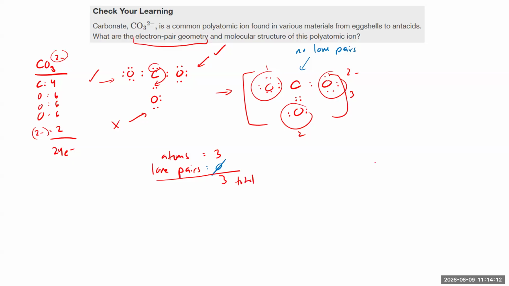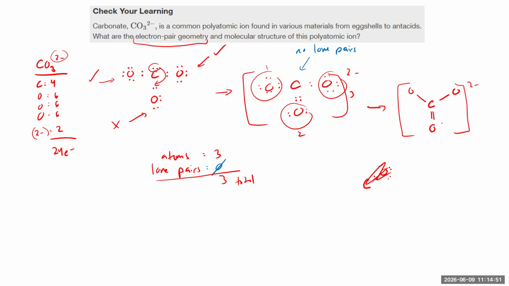So if we were going to draw this in a proper way, it's going to look like this. Carbon, it's going to be kind of like a Y, right? Because we have this oxygen up here. Let's do the 3D structure. It's all going to be on the same plane. So it's going to look like this to the oxygen, this to the other oxygen, and then we're going to have a double bond down here to the other oxygen. Right? So it's going to look like that.